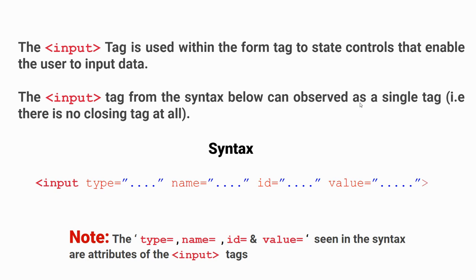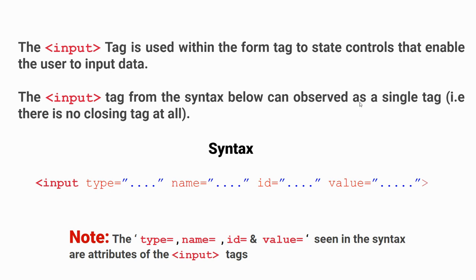But these attributes are the things that only you, the user who programs this, would understand, because when you render this input tag on the web browser, none of this information is going to show there. That's why I said at first that the input tag and the label tag, which we'll still come to, are very, very important together.